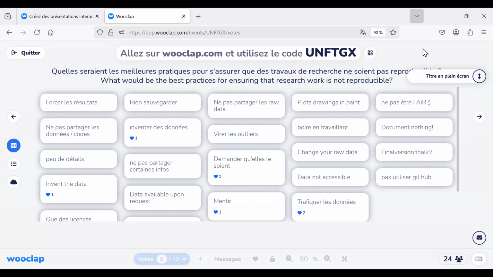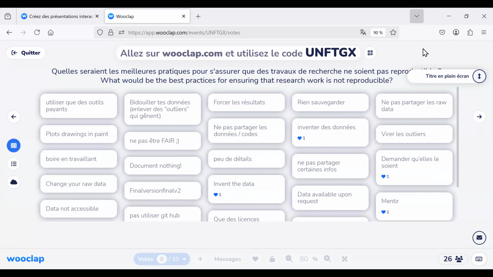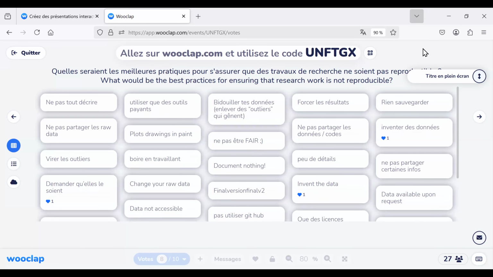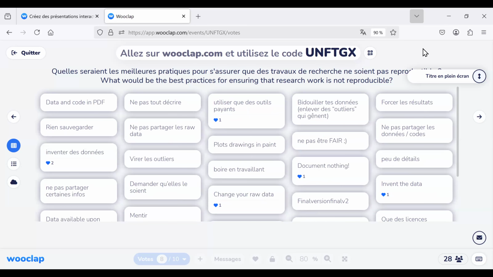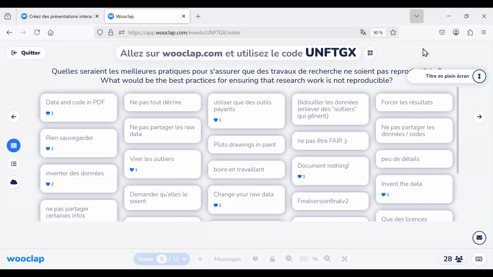Rien sauvegarder, oui, ça c'est parfait, c'est très très bien. Une seule copie dans un endroit qui craint, quand ça crashe, pouf. Inventer des données, c'est pas si facile, mais oui, ça peut être une bonne chose. Virer les outliers, ça passe inaperçu, c'est très bien.